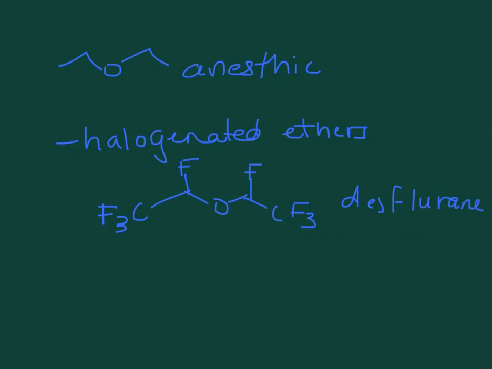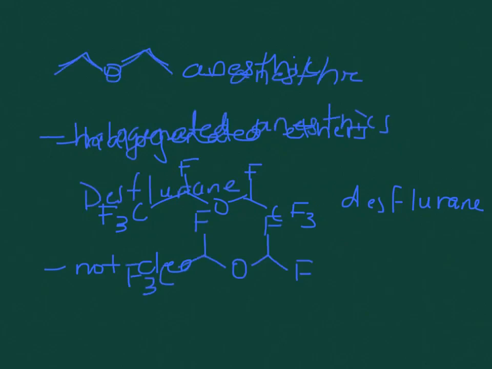And while it is understood how a signal is transmitted across a neurotransmitter, it is not clear how these ethers affect the nervous system.